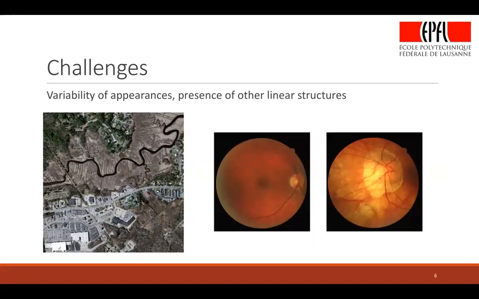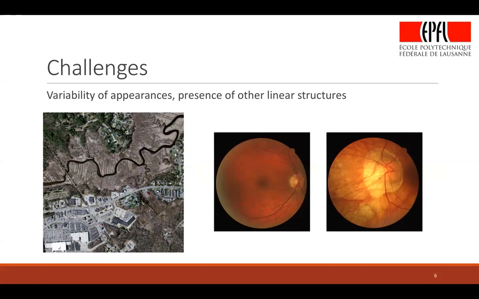And lastly, there is a really large variability of appearances of linear structures. In the case of aerial images, we want to detect both big motorways as well as small dirt roads. In the case of medical images, we may have scans corresponding to healthy subjects, and also those corresponding to diseased ones. So they also look quite different.